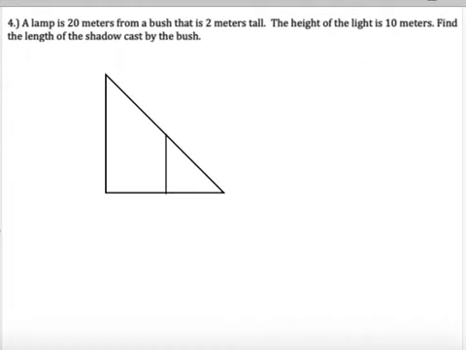So on example 4, we have a lamp that's 20 meters from a bush that's 2 meters tall, and the height of the light is 10 meters. So when it's telling you that an item is a certain distance from another item, this is an overlapping picture. Okay? So you need to start with a picture like this.